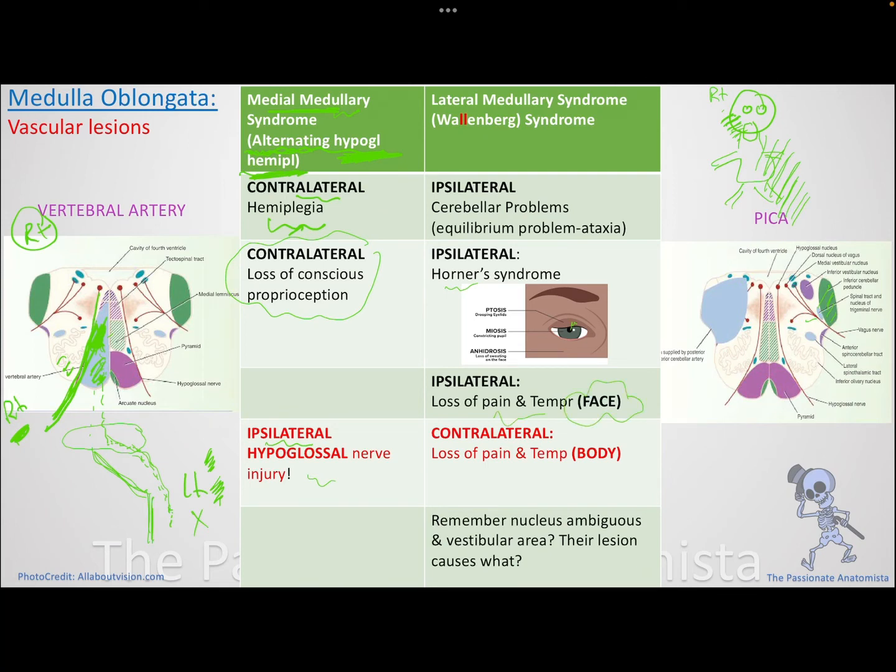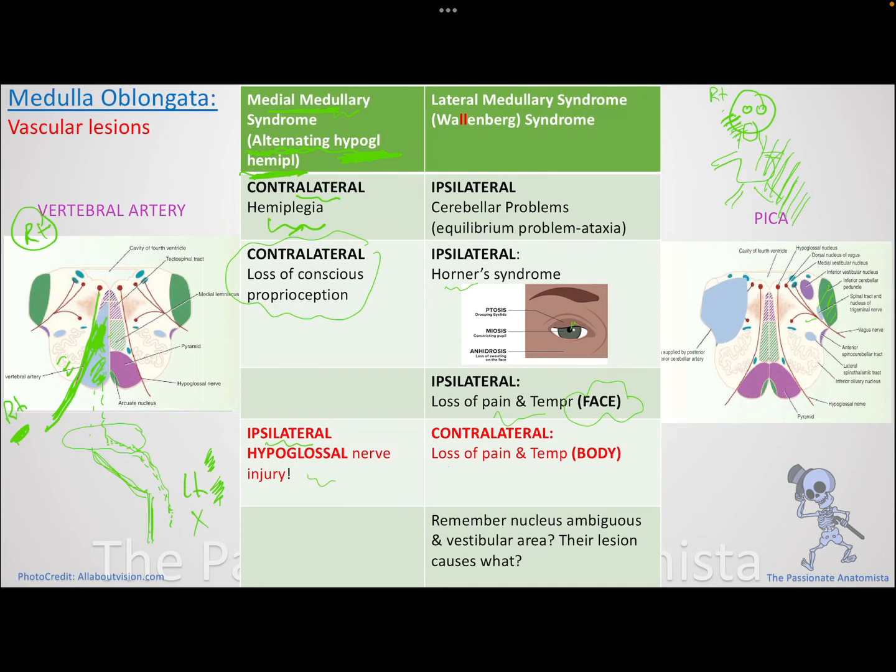Because of the spinal trigeminal nucleus. Remember the spinal nucleus of the trigeminal nerve? It was related to the lateral part. So everything you remember about your medulla, you just remember it for the lateral medullary syndrome.